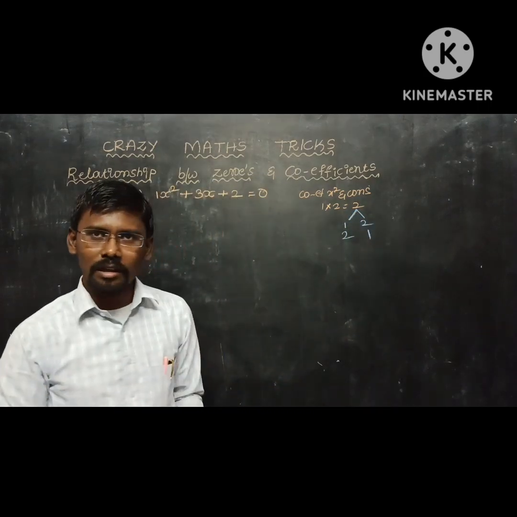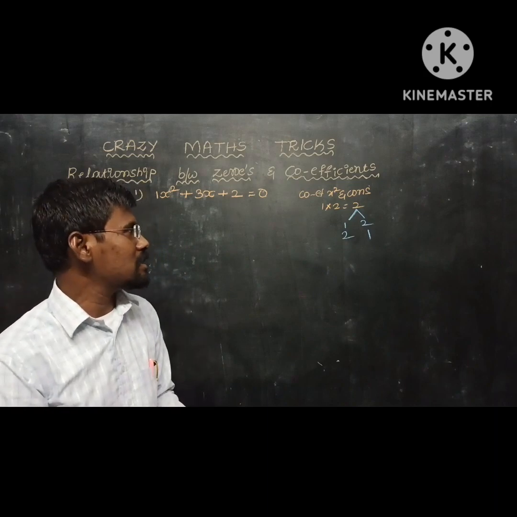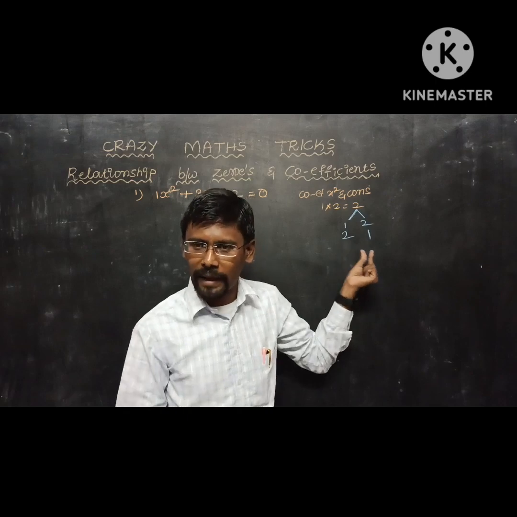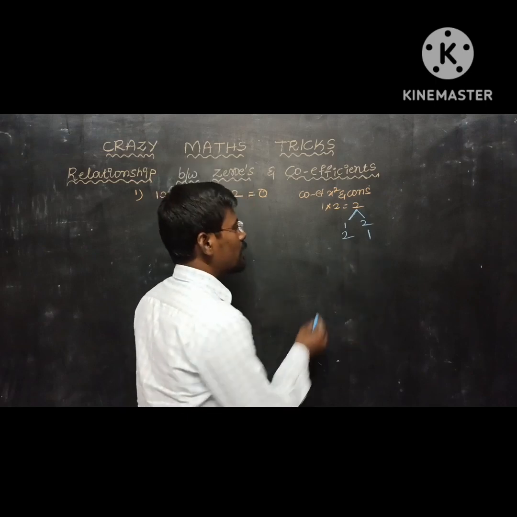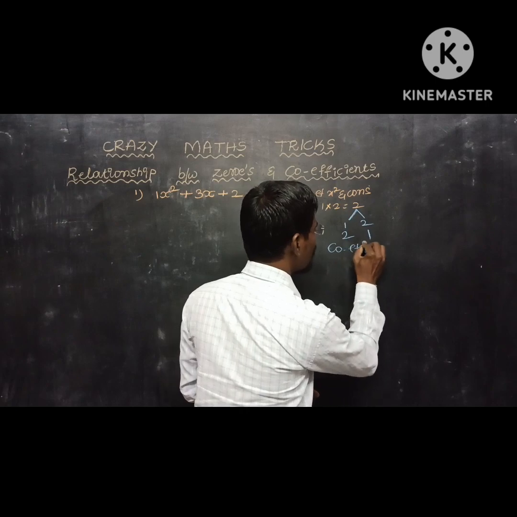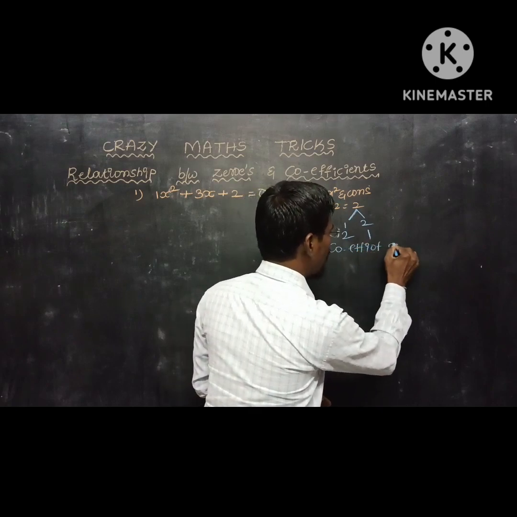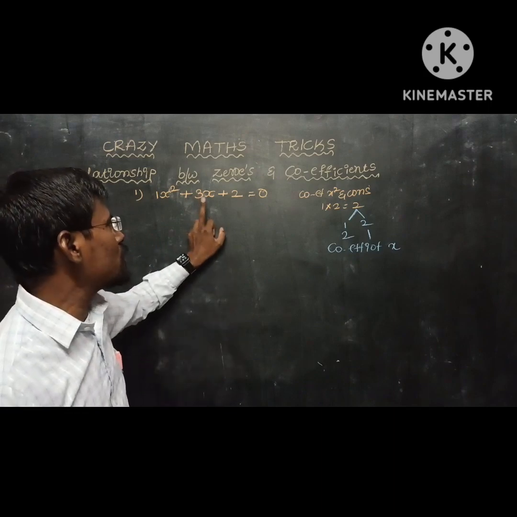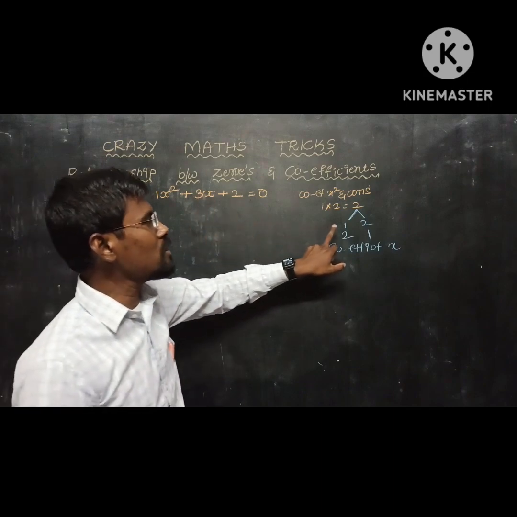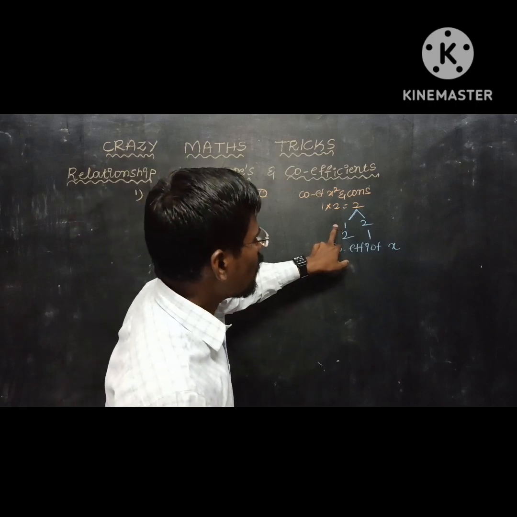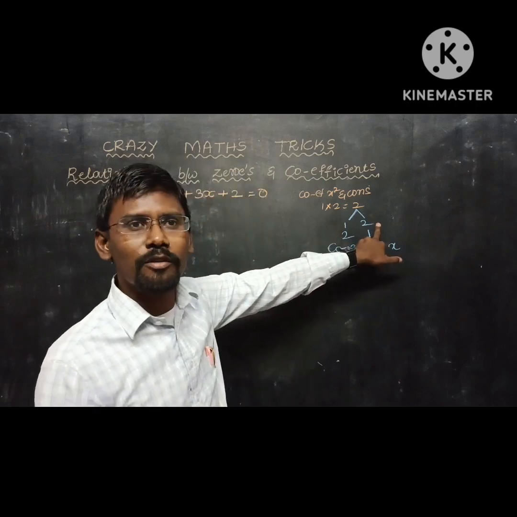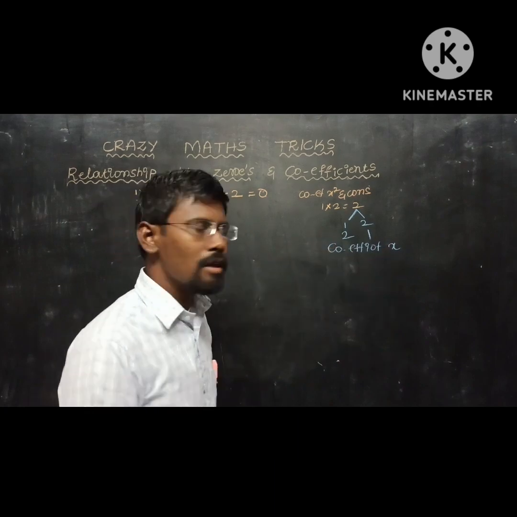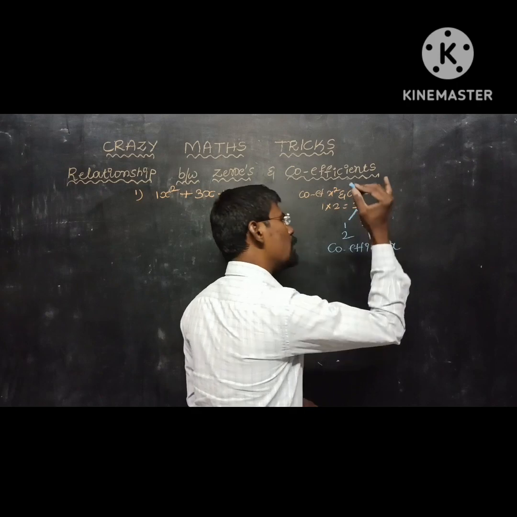Is there anything more? No. After getting the factors, we have to add or subtract the pair of factors so that we get the coefficient of x. 1 plus 2 gives 3. 2 plus 1 also gives the same, because both are the same.